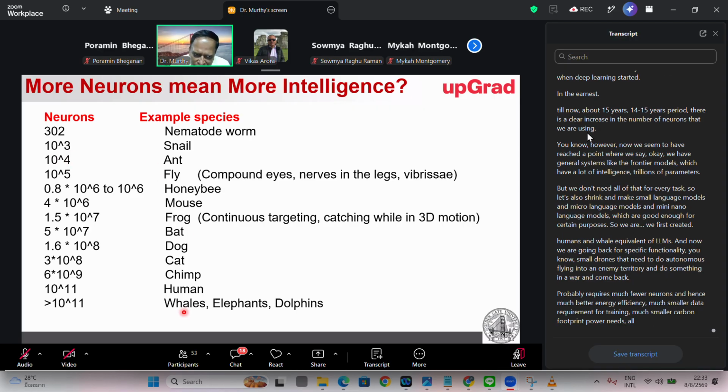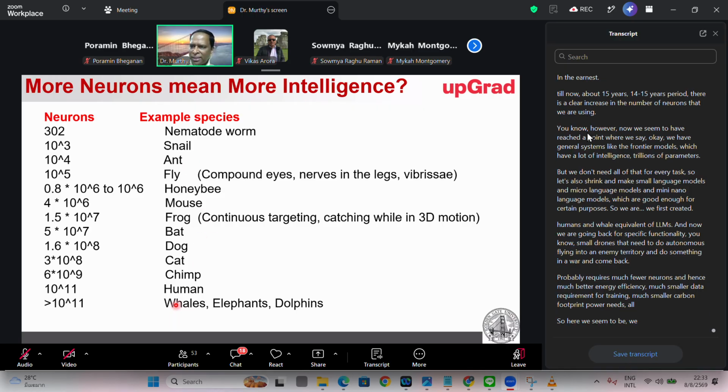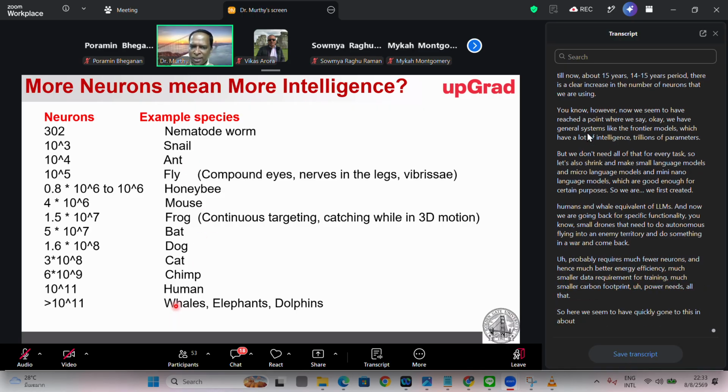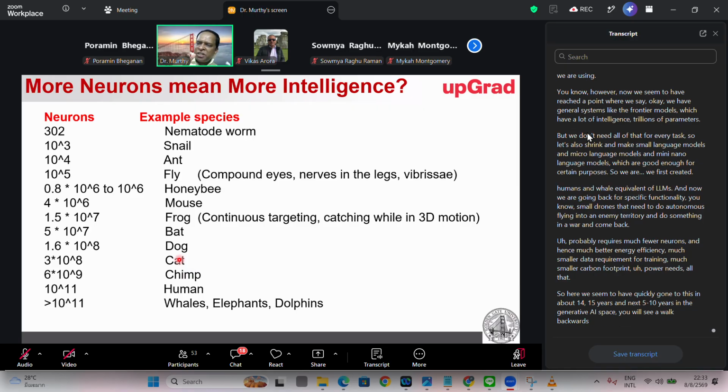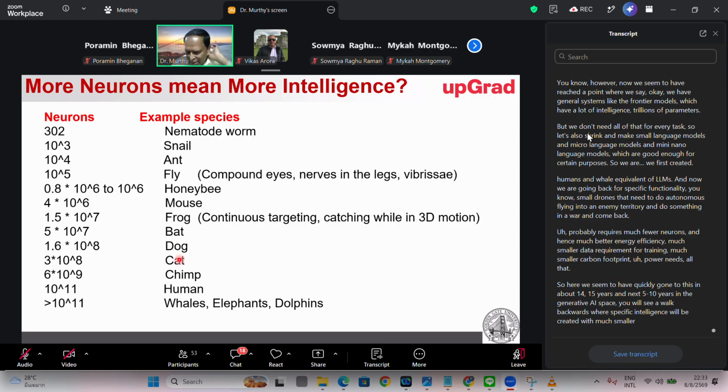So here we seem to have quickly gone to this in about 14, 15 years, and next 5, 10 years in the generative AI space, you will see a walk backwards where specific intelligence will be created with much smaller neuron base.